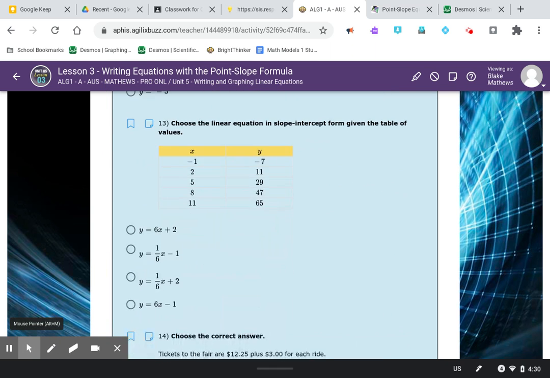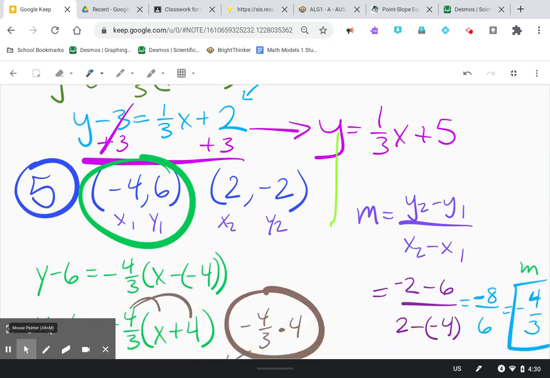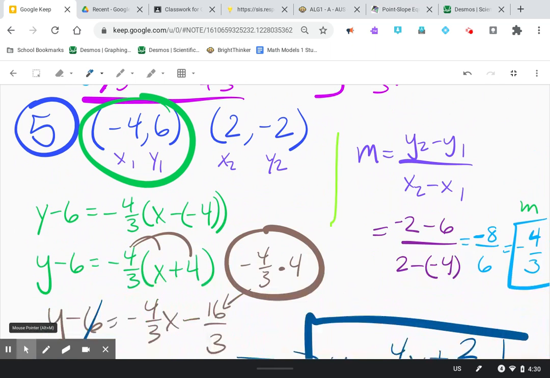And then number 13 is the same type of problem as numbers 6 through 10. This would be a set of points. So use this as x1, y1, and x2, y2. So like I would do -1, -7, and 2, 11 as my points, and then do the same process that we just did right over here. Okay?